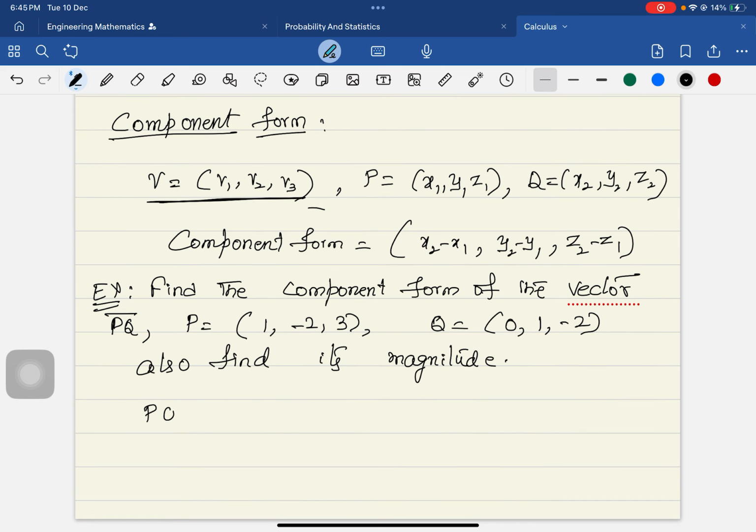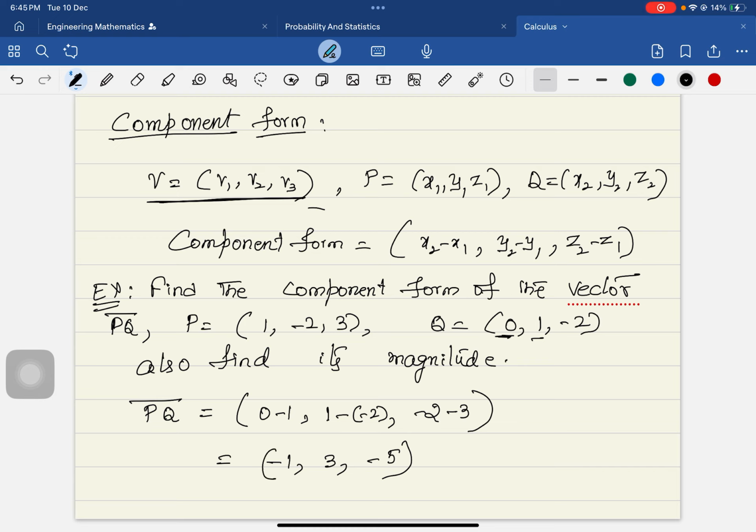The component form of the vector PQ is given by x2, which is 0, minus x1, comma 1 minus of minus 2, comma z2 minus z1. So it is minus 2 minus 3, that is minus 1. 1 plus 2 is 3. Minus 2 minus 3 is minus 5.